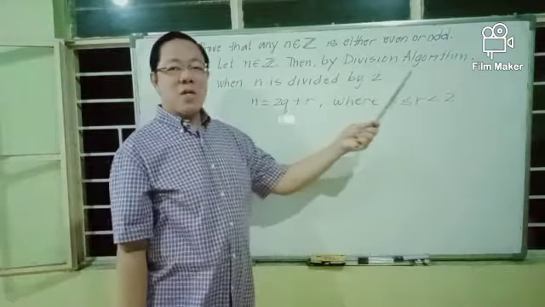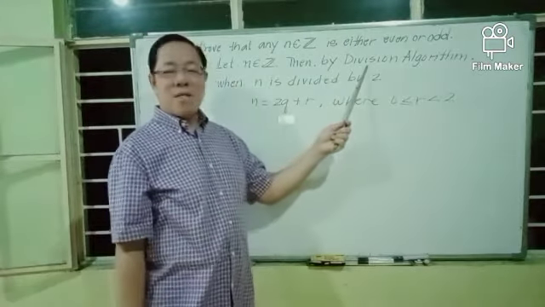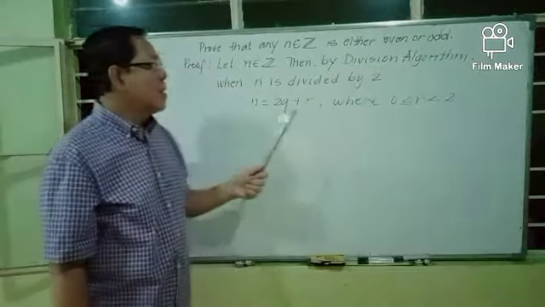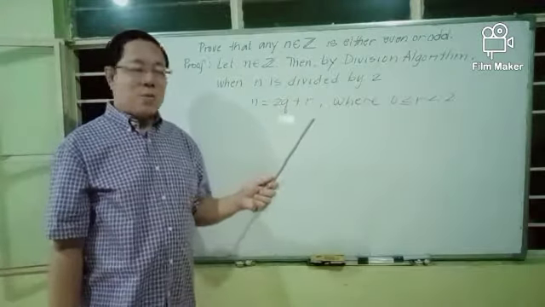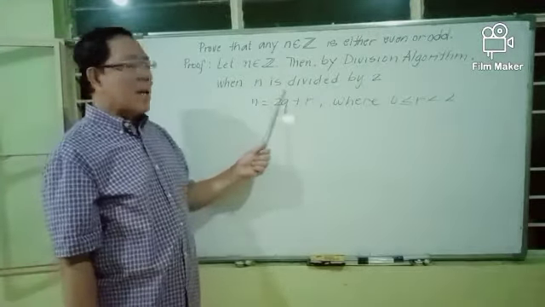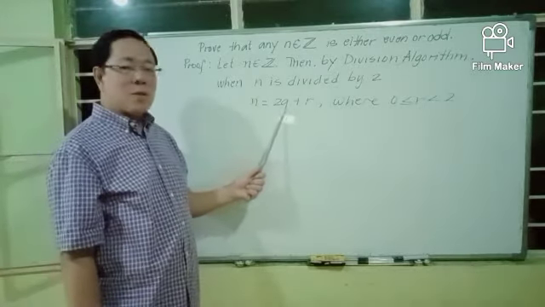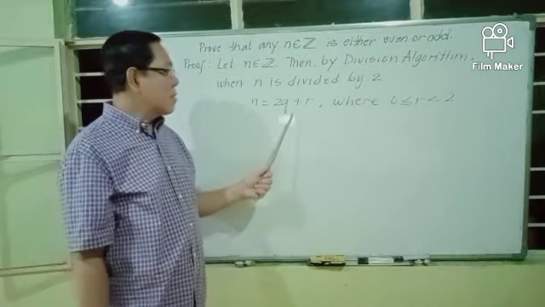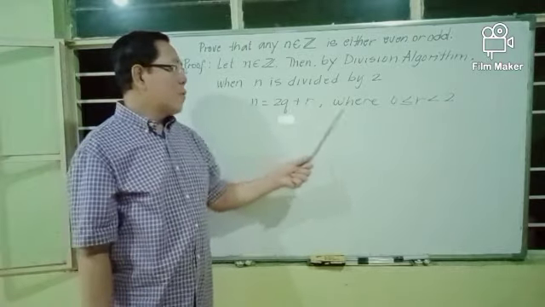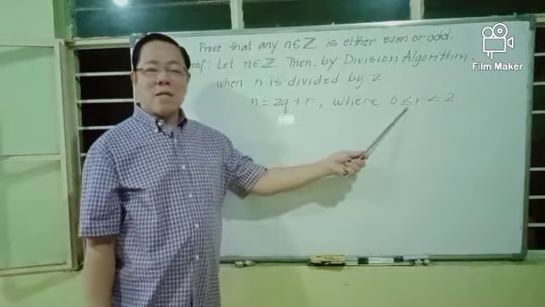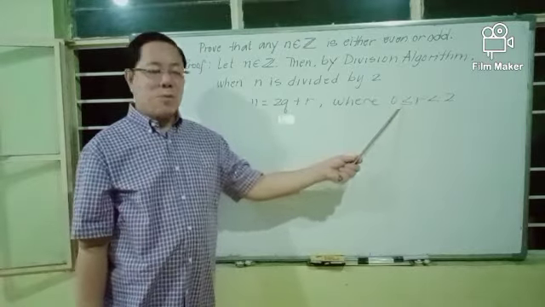Then by the division algorithm theorem, when n is divided by 2, n can be written as 2 times q, where q is called the quotient, plus the remainder r, where the remainder r is greater than or equal to 0 but less than 2.